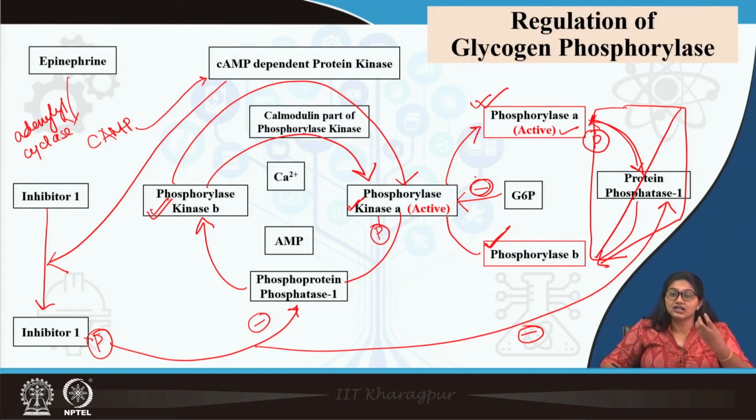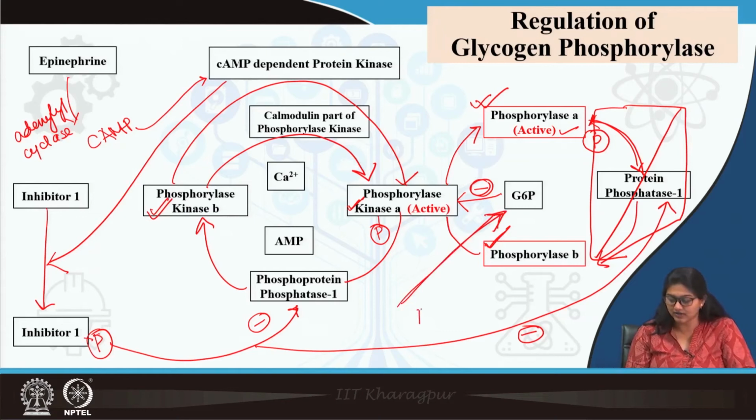This is an allosteric inhibitor which inhibits phosphorylase kinase, and this glucose 6 phosphate formation, if you remember, is induced with the help of the hormone insulin.